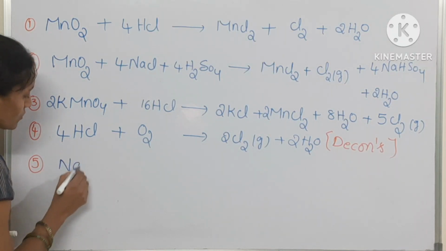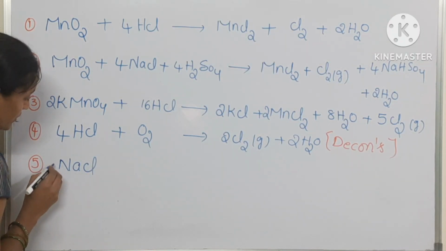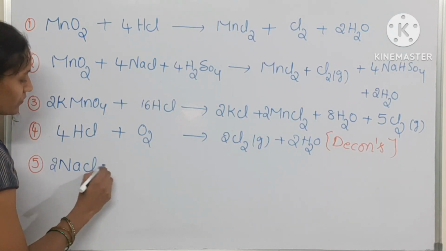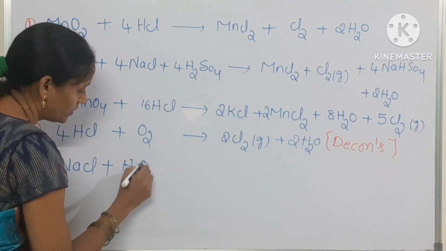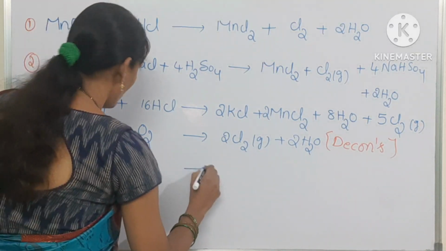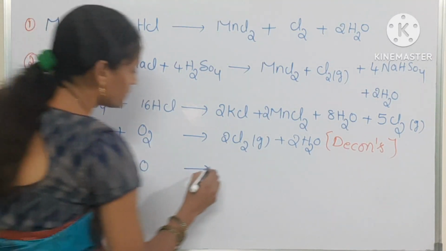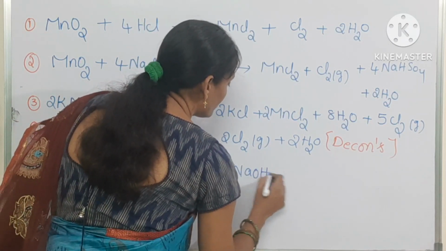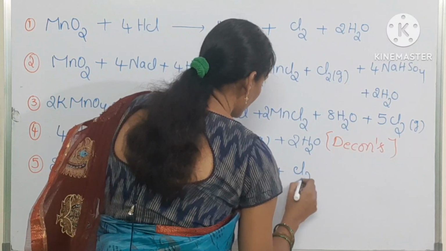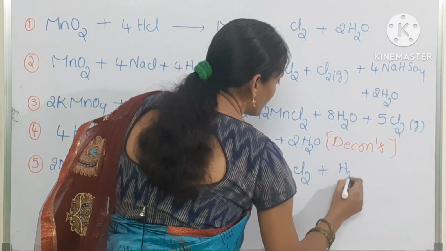And the fifth one is the electrolytic preparation method. For common salt, you need to take brine solution, 2 moles of brine solution, along with water also. Then you will get 2 moles of NaOH formed, and chlorine gas, Cl2 gas, and also H2 gas.